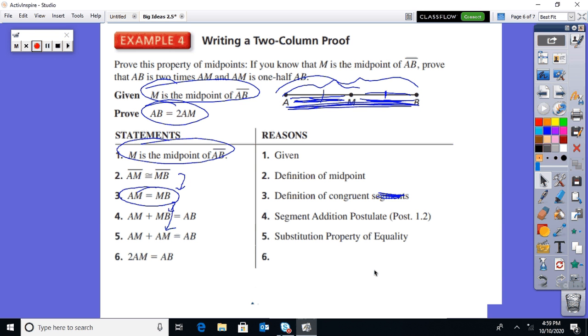And now that we have AM plus AM, that would be equal to 2 AMs. All right, and they're calling this distributive property, but I think it's a little bit nicer if we just call it simplifying. It's a little confusing. Or you could call it combining like terms. But again, don't stop until you got that down there.